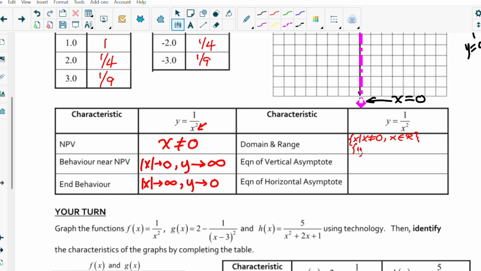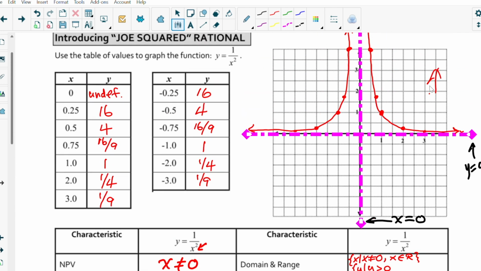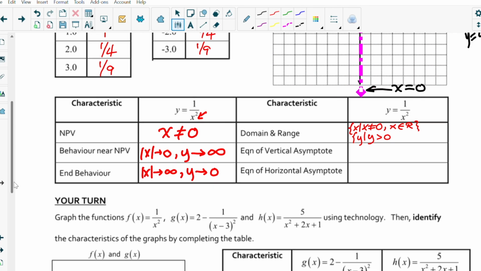And y such that, oh, sorry, y is, this time, y must be greater than 0. So all the y values go this way. So y must be greater than 0, and y is an element of all real numbers.